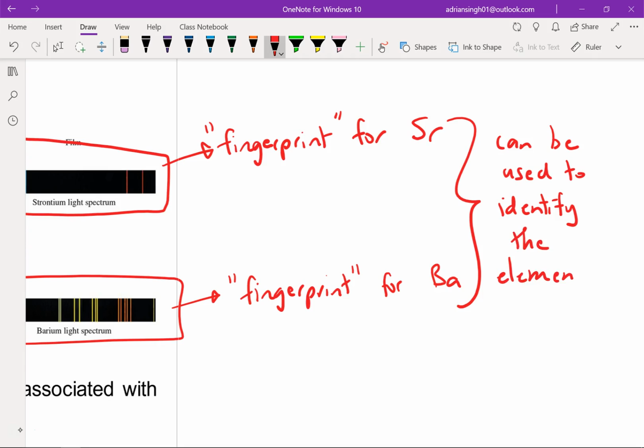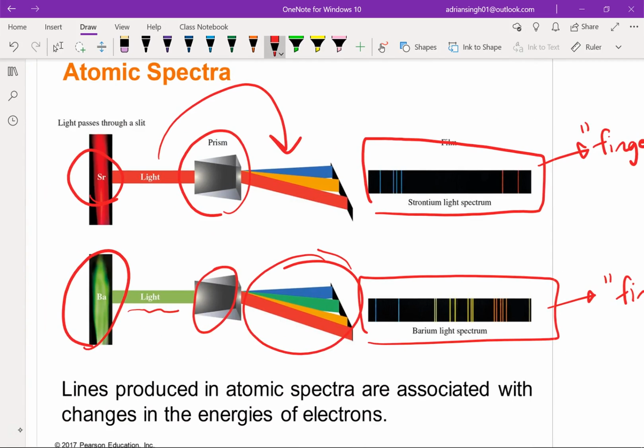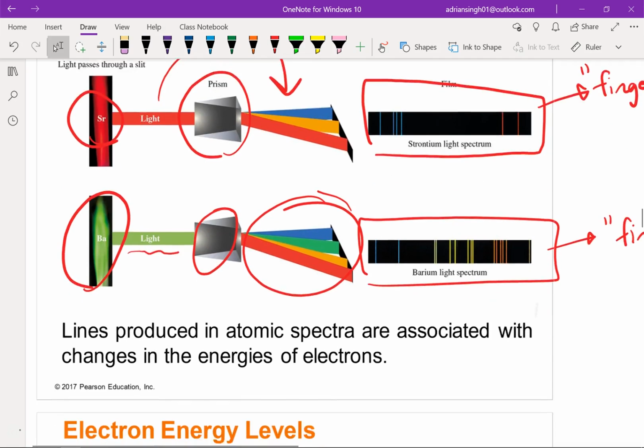And that's what astronomers and scientists use to identify what elements are present in stars that are billions of miles away from us, right? They can take a look at the light coming off. We can use very sophisticated detectors to determine what elements are actually present.